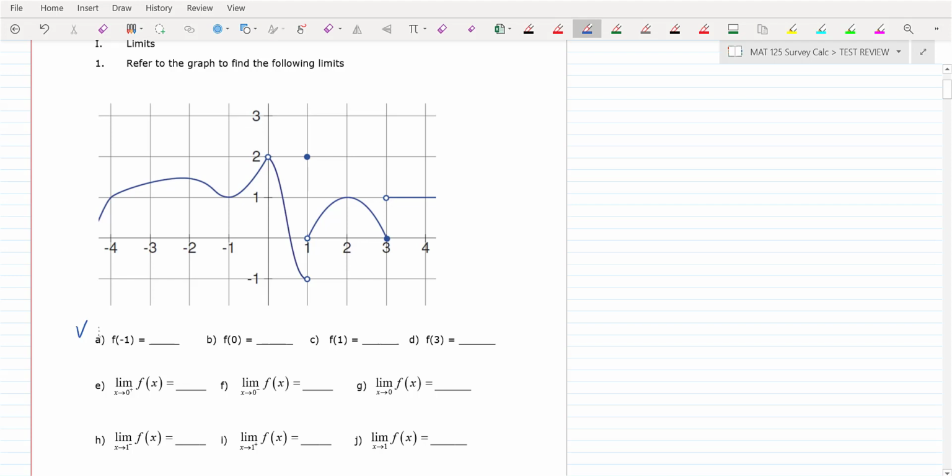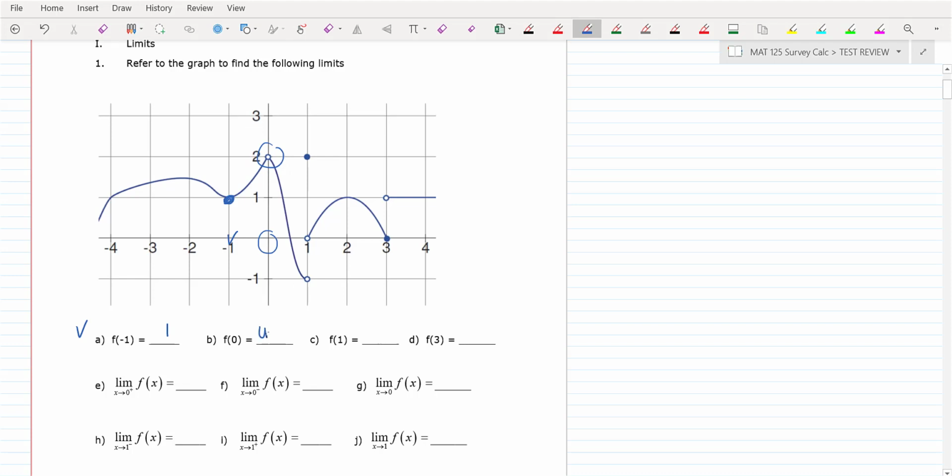What I'm asking on the first row is function values, right? Like f of -1, if you look at -1, that y value is 1. You want to study what these problems mean. If I say f of 0, I'm looking at x equals 0, what's the function value? Is there a function value with a bubble there?